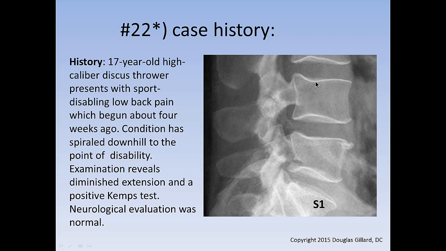In other words, the building blocks that his genes are ordering to be made are not the greatest. So that's interesting. So whenever you see a discus thrower, discus is high rotary type motion, high risk of what?